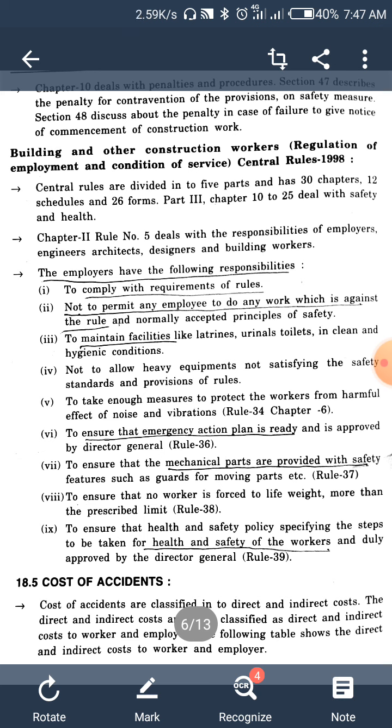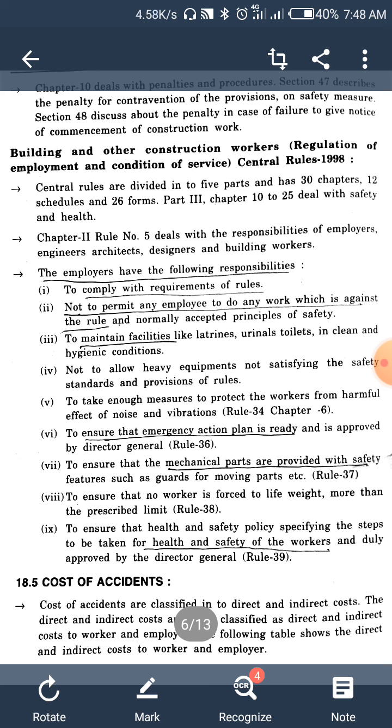Sixth, to ensure that an emergency action plan is ready and approved by the Director General. Seventh, to ensure mechanical parts are provided with safety features such as guards for moving parts, and that no worker is forced to lift weight more than the prescribed limit.